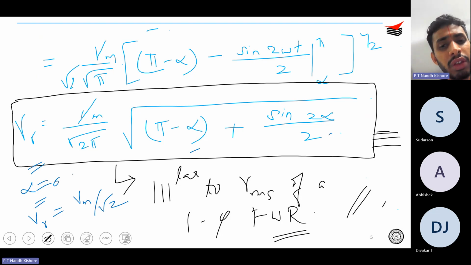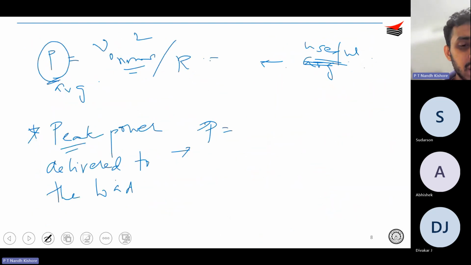At alpha equal to 0, it means that the converter is not functioning at all. The AC is simply passing through. The converter is in pass-through mode, right? So at alpha equal to 0, your VRMS is going to be maximum. So you can understand that the peak power delivered to the load occurs at alpha equal to 0 degrees.